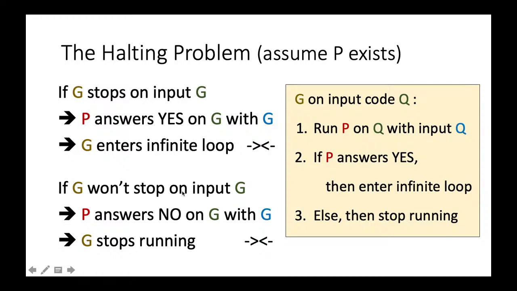So if G won't stop on input G, then G will stop running. So we will also get a contradiction, right? So whenever G is given an input G, whether it will stop running or not, both cases lead to a contradiction. So what does that mean? That means that G cannot exist.